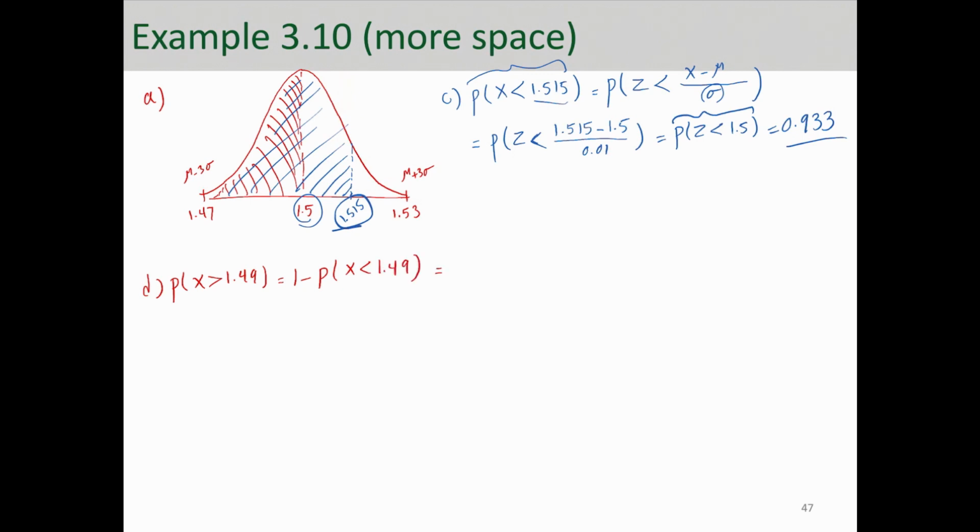Now I'm doing the transformation. 1 minus the probability of Z less than (1.49 minus 1.5), right? This is the mu, this is the X, over sigma, which is 0.01. Now if you do the math here, that is 1 minus the probability of Z less than -1. Now I have to read this from the Z table.